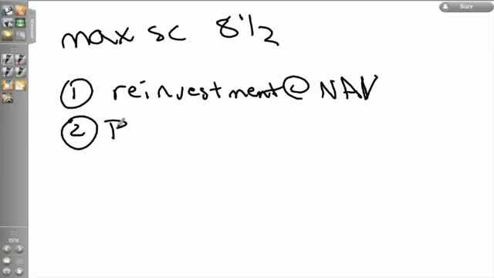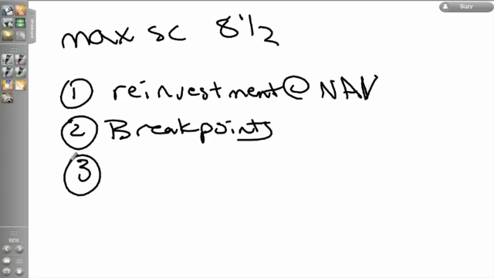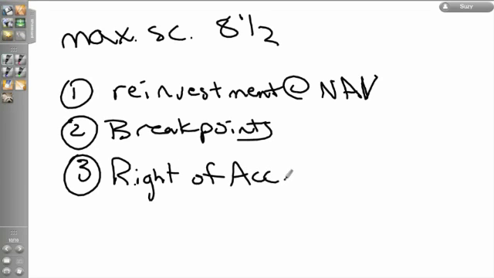They have to have a schedule of breakpoints, and they have to offer the right of accumulation. Those are the three things. If they don't, then the maximum sales charge that they can charge goes down to be what? Do you remember? 6.25%, if not all three.